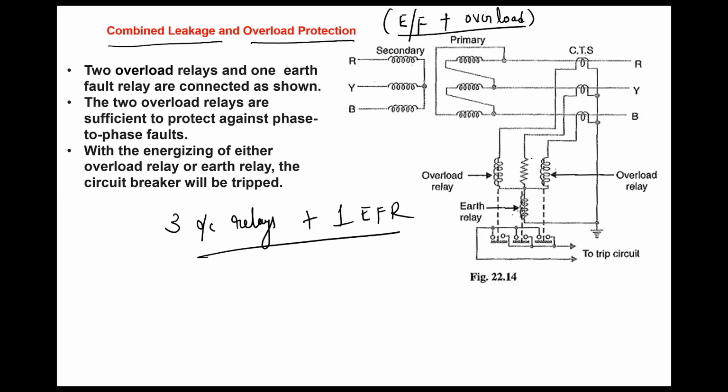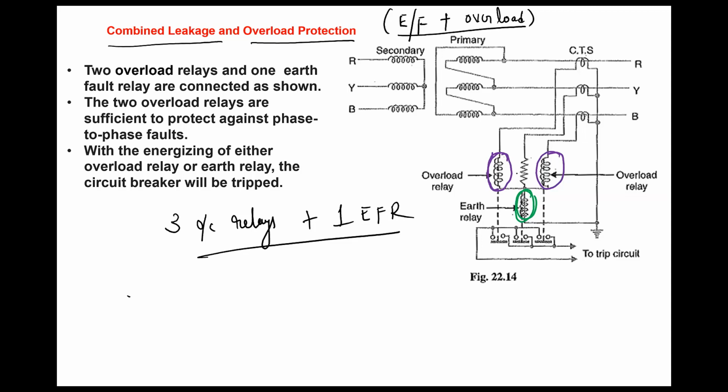We are using only two overcurrent relays and one earth fault relay. The violet circles are the overload relays or overcurrent relays, and the green circular portion is the earth fault relay. Here we are reducing one overcurrent relay. Why? Because in this scheme any fault can be cleared.